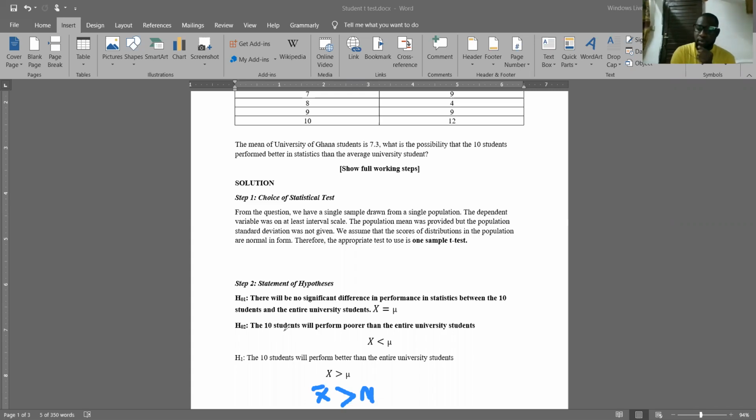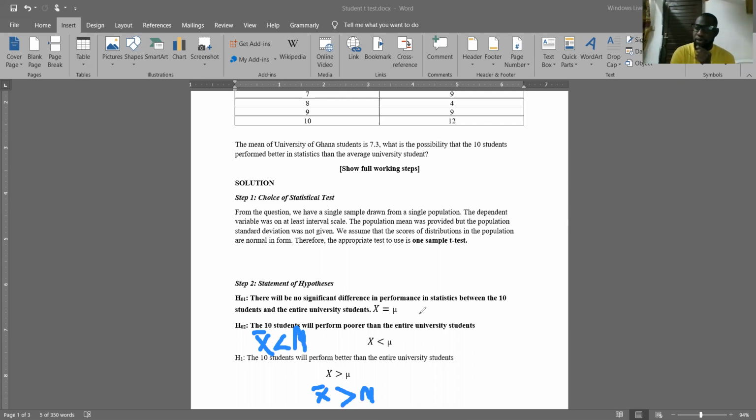Then with H0, for the second one, we indicated the 10 students, which is the sample mean, will perform poorer. So this time around, it will be less than the population mean.